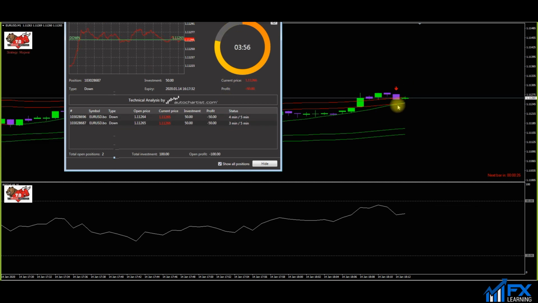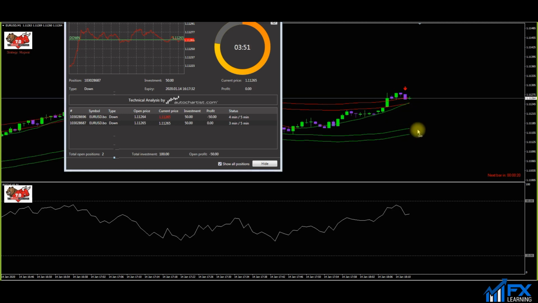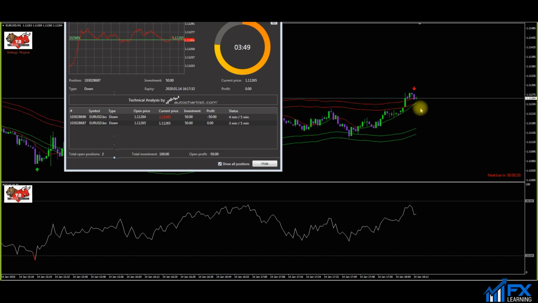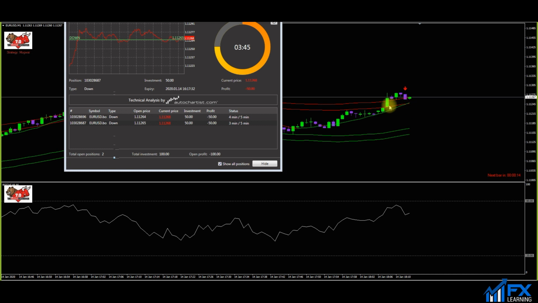Hopefully the price goes below the TCA line. That's what I'm hoping for. See the RSI, what I don't like about this is you notice the RSI isn't overbought, which is a slightly risky trade here, but I'm seeing what happens.